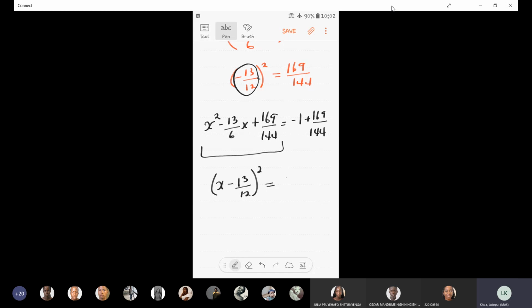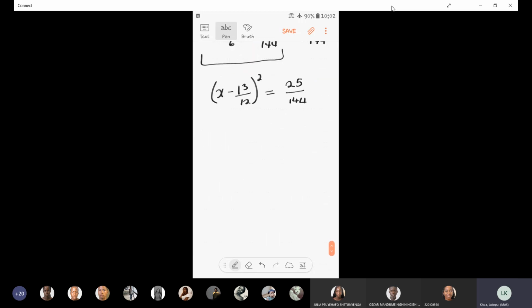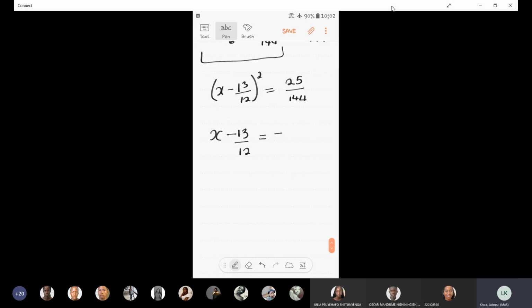I should have 25 over 144. Then to solve for x, I get rid of the square by taking square root on both sides. I have x minus 13 over 12. This is plus or minus the square root of 25 over 144.